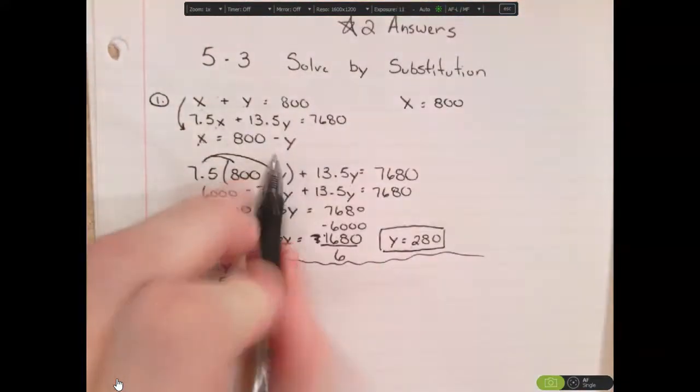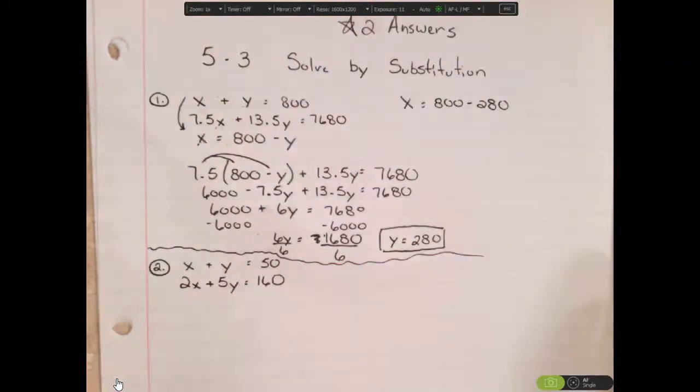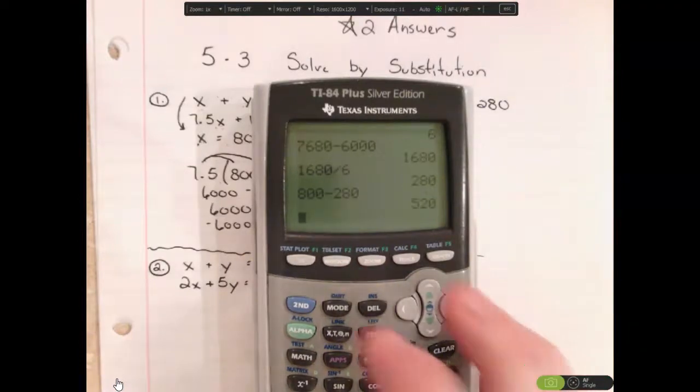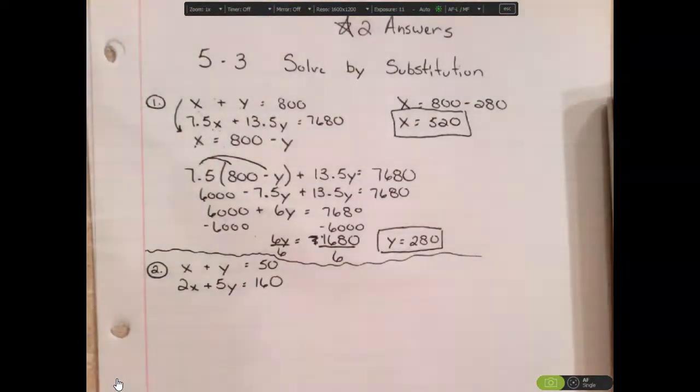I'm going to use the last equation, minus 280. Bring your calculators over because I want to make sure I get this problem correct. 800 minus 280 is equal to 520. So x equals 520. And those are my two answers for this problem.